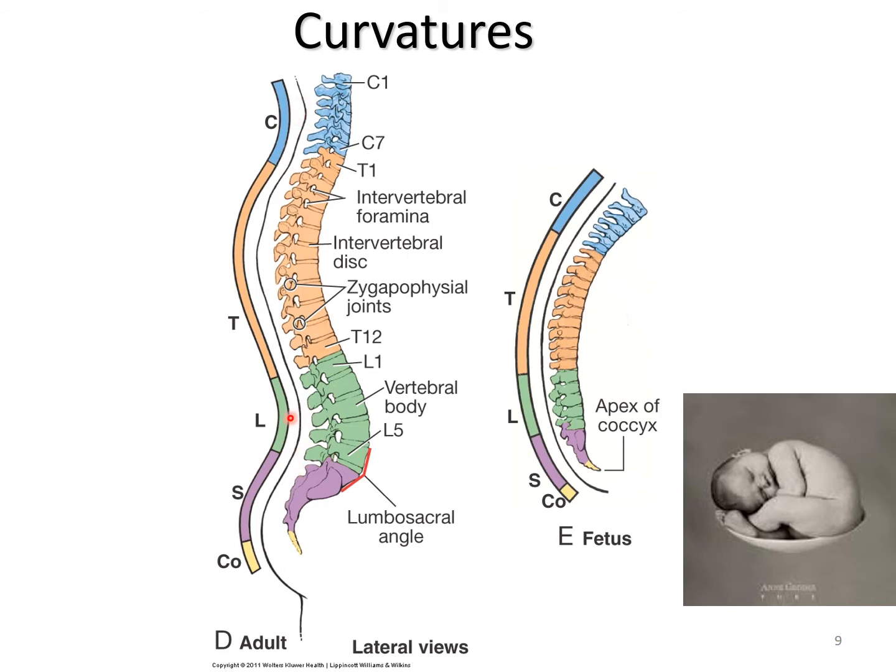Lordosis, lordosis. The primary curvatures of the back exist during fetal development. These are thoracic and sacral. They're maintained throughout life. But you can see that the cervical and lumbar curvatures during fetal life are also more like kyphoses, right?